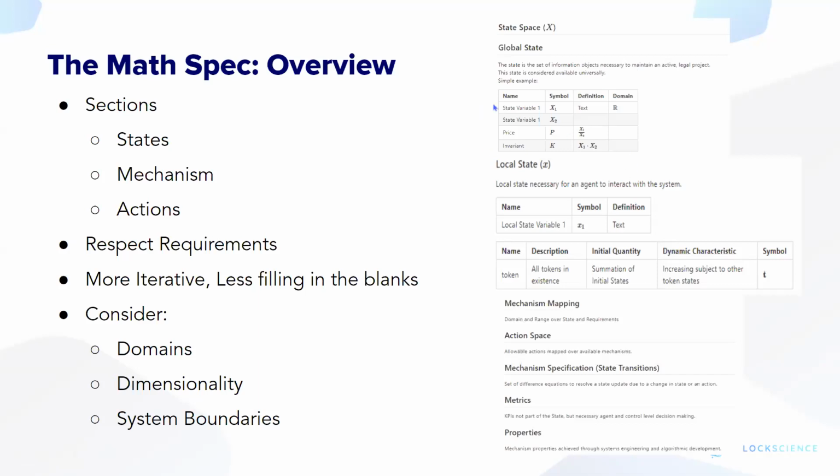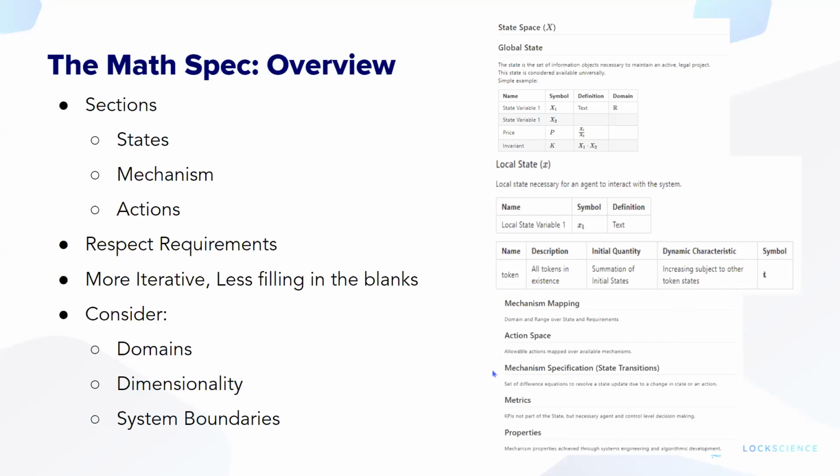Essentially we'll have some reasoning about the state, usually some combination of the global state and the local state, and we'll talk about those individually. We'll also do a mechanism mapping, the action space, as well as the metrics.